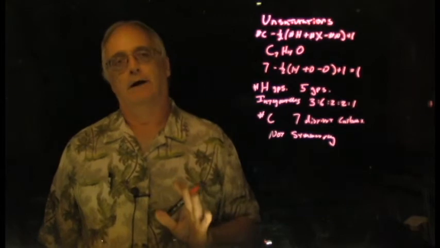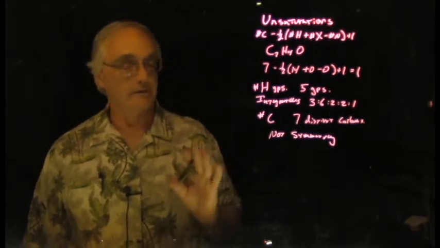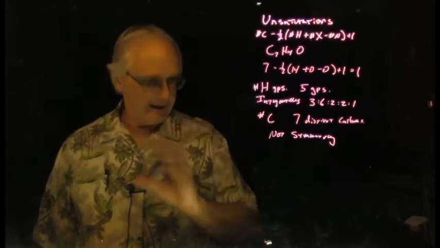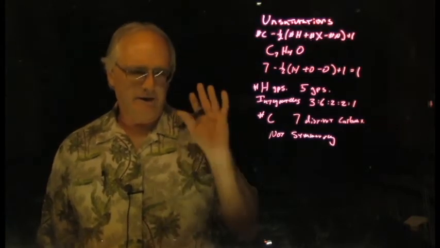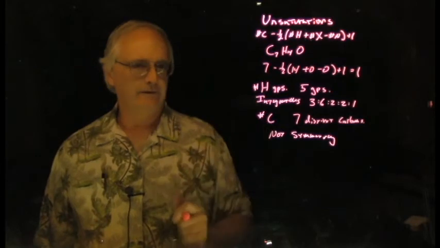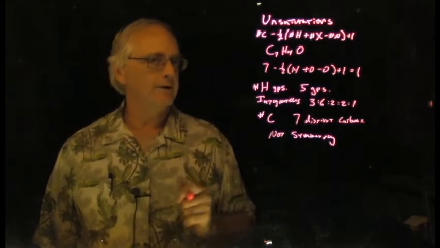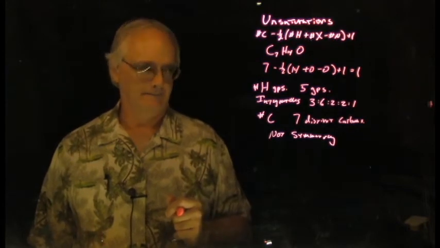Some people who have had experience with NMR before will have a pretty good idea of what that means, and that's wonderful. But based upon just the index of unsaturations, groups and integrations, we should have a pretty good idea of what this molecule is.